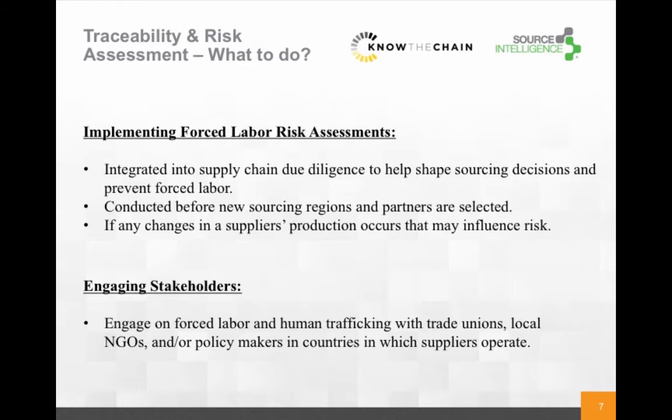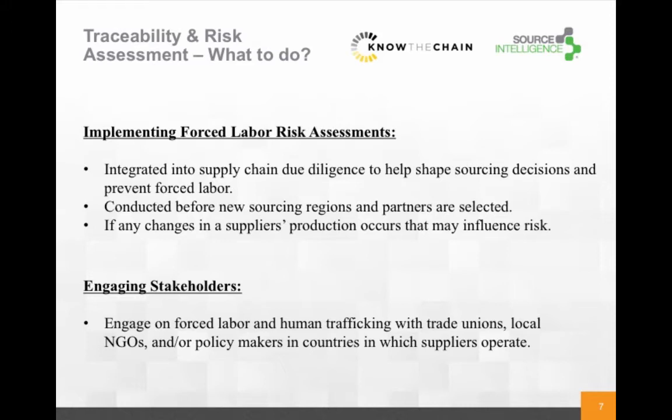An example of this might be an increase in production volume by a specific supplier, which then might lead to an increase in demand of seasonal or agricultural workers. As it relates to risk assessment as well, it's really important for a company to consider how to engage specific stakeholders on forced labor or human trafficking.